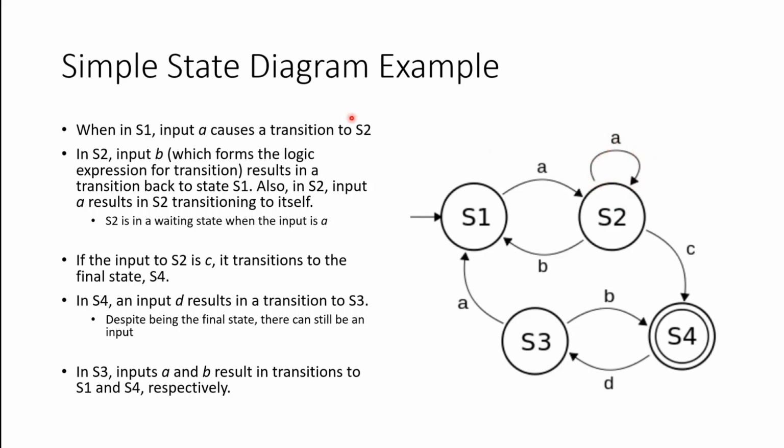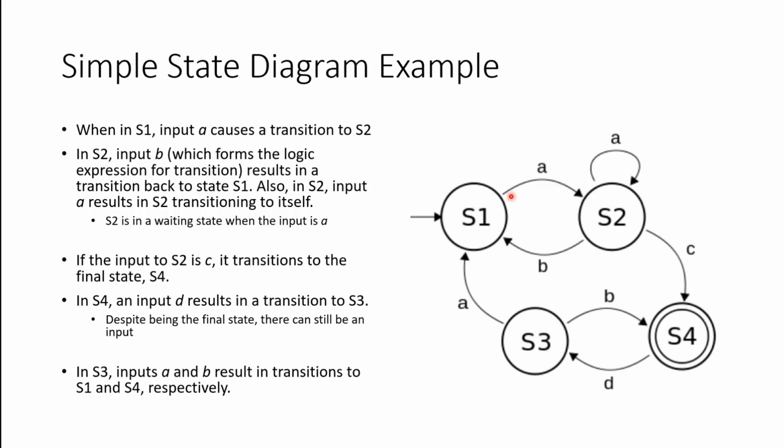All right, so on the side here, we just have an explanation of exactly what this state diagram is doing. So when in S1, input A causes a transition to S2. In S2, input B, which forms the logic expression for the transition, results in a transition back to S1. Also, in S2, input A results in S2 transitioning to itself. S2 is therefore in a waiting state when the input is A.